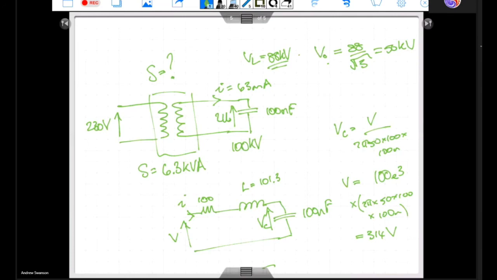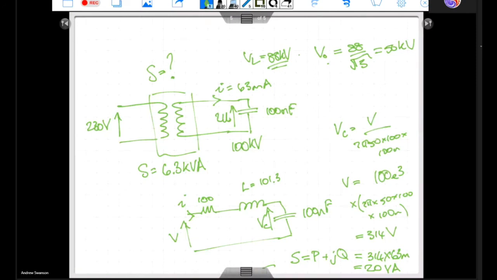At 100 kV, we know that our current is also 63 milliamps. If we look at our power, P plus JQ, we know at resonance, Q disappears. So total power required in this case is 20 VA.